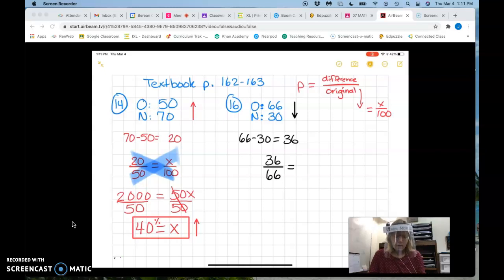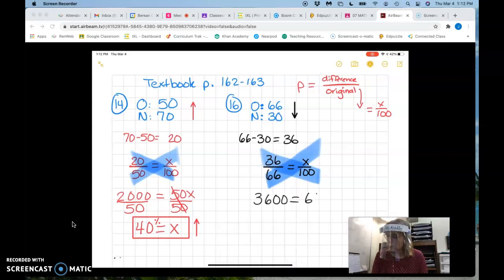Oh, x over 100. I thought it was dividing. And then I do what? Cross multiply. So 3,600 equals how much? 66x. Good. And then, I'll let Ray take it from there.